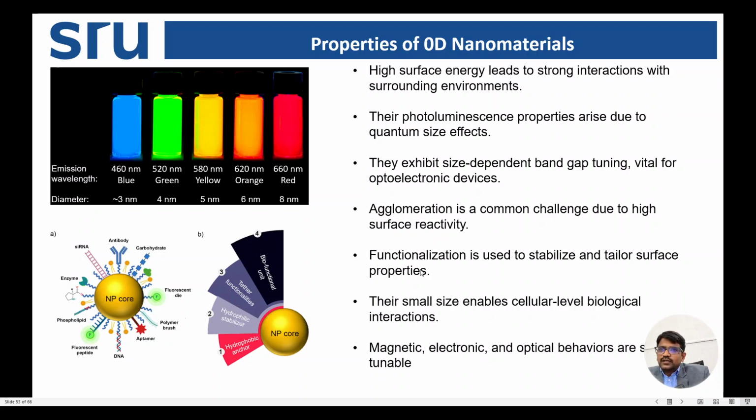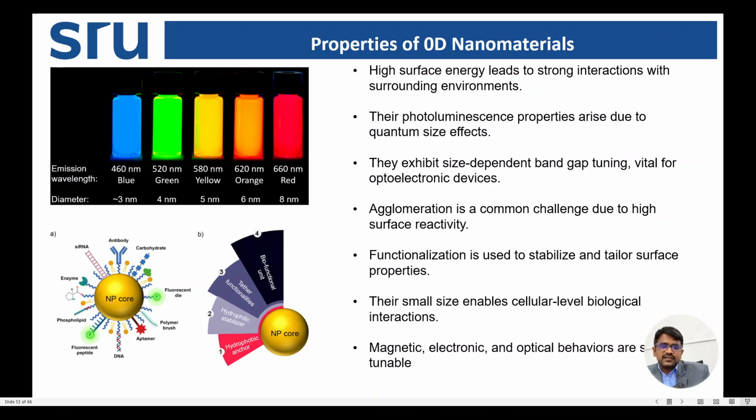Also we can do one thing, that is functionalization. Functionalization is used to stabilize and tailor surface properties. Here you can see the nanoparticle core, and we can functionalize this nanoparticle, that means attach different molecules, such as antibody, carbohydrate, fluorescent dye, polymer brush. We can change the surface energy and add molecules to participate in different reactions.